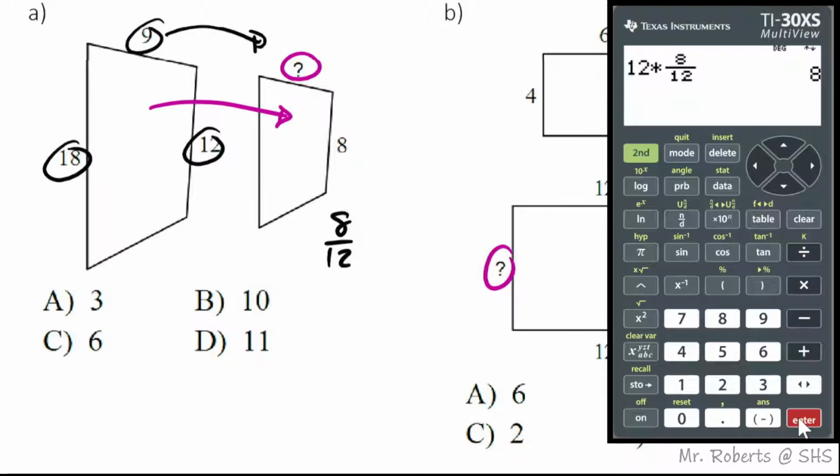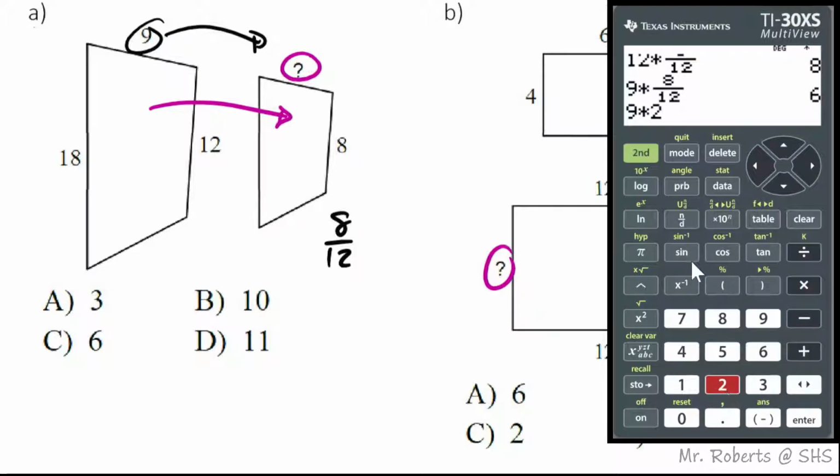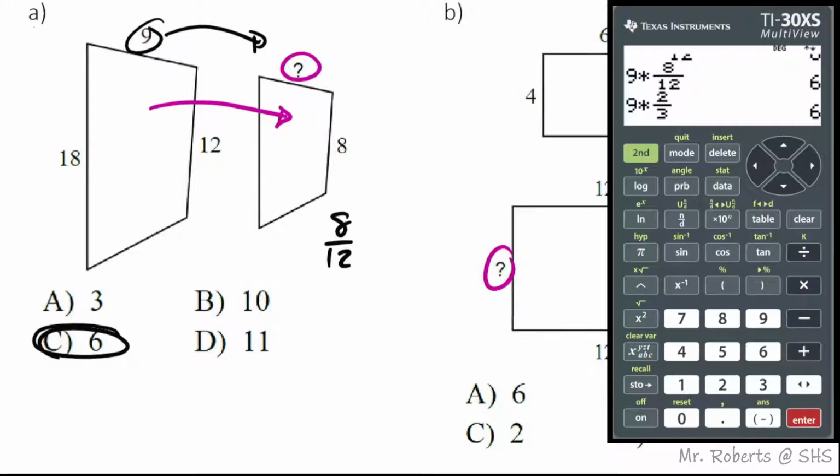I need to start at 9, and I'm going to multiply that by my scale factor of 8/12. By the way, that does reduce, divide by 4, to 2/3. In fact, 9 times 2/3, I get that this one's 6. So A was 6.